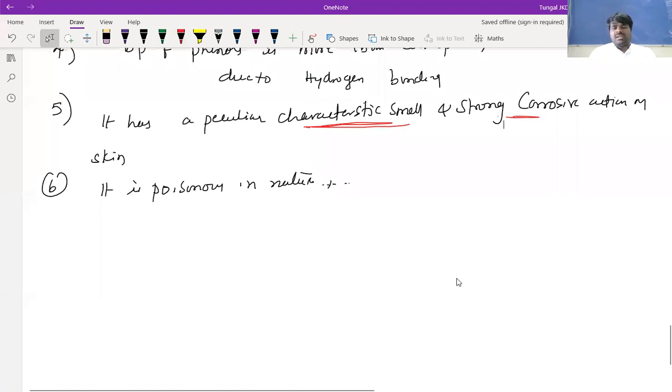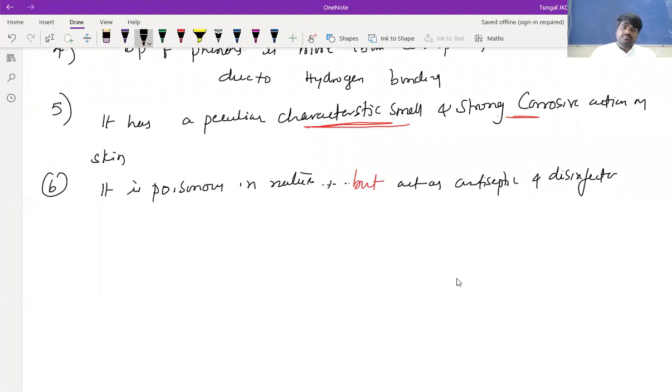But it acts as an antiseptic as well as a disinfectant. Antiseptics are chemicals that act against microorganisms and can be applied on the human body. Disinfectants are chemicals that kill microorganisms but should not be applied on the human body; they are used for floor cleaning, toilets and washrooms.